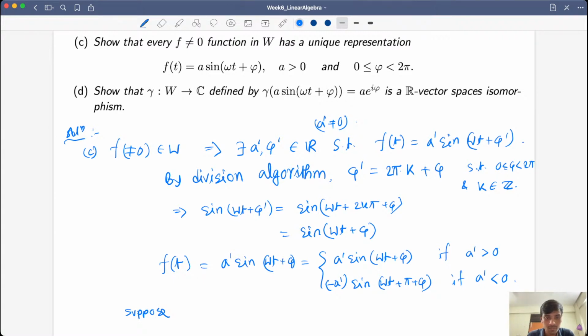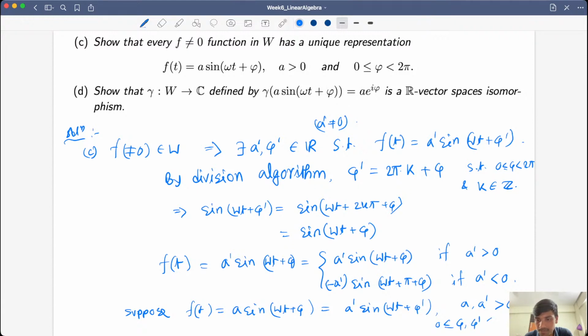One say f(t) is the same as some a sine(omega t plus phi), which is the same as some a prime sine(omega t plus phi prime), and both a and a prime are positive, and phi and phi prime are between 0 and 2 pi.